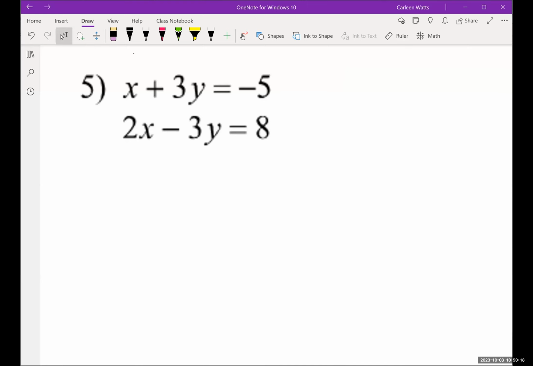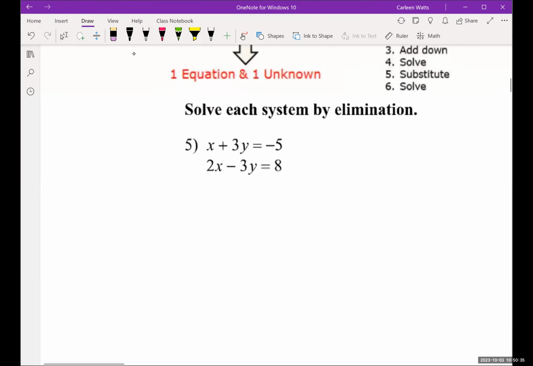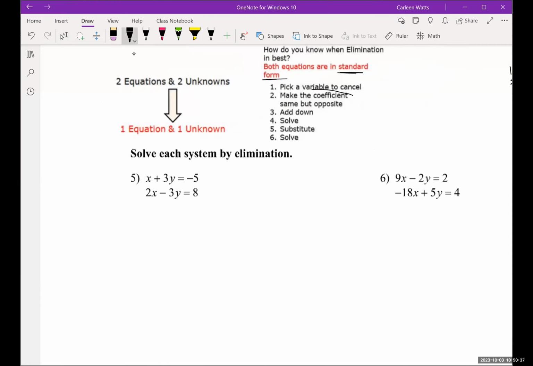So Zoomers, vote. Is the X easier to cancel or is the Y easier to cancel? Why? Yeah, do we see that it's the Y? Okay, so I want the coefficients to be the same but opposite sign.